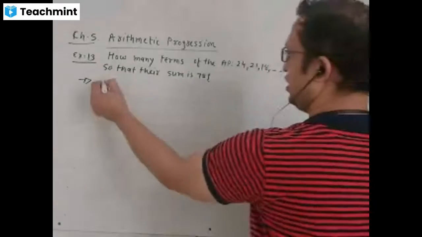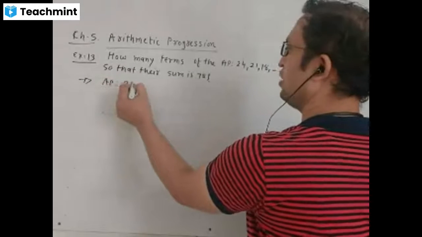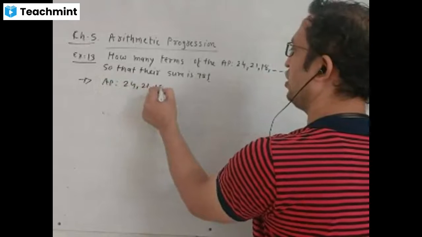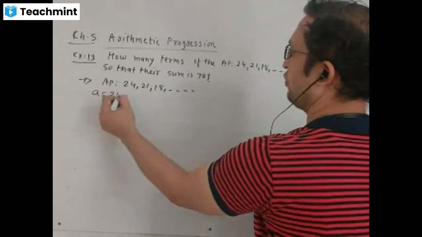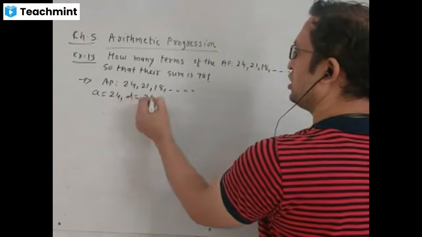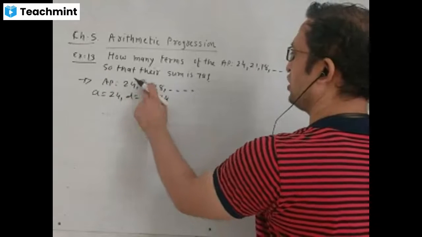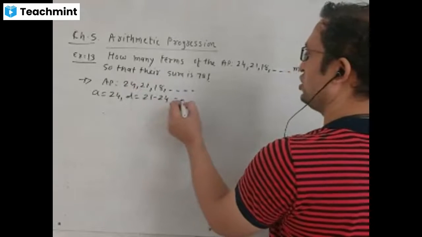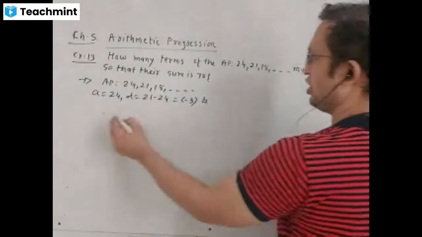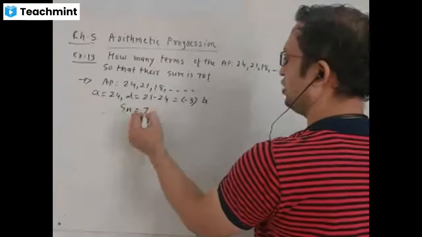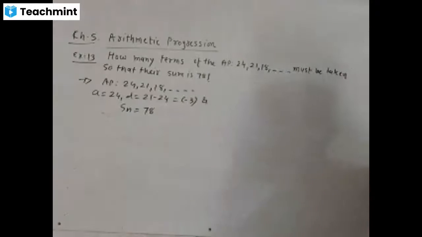What is a? a is equal to 24. d is equal to 21 minus 24, that is equal to negative 3, and Sn is equal to 78. Find the value of n.